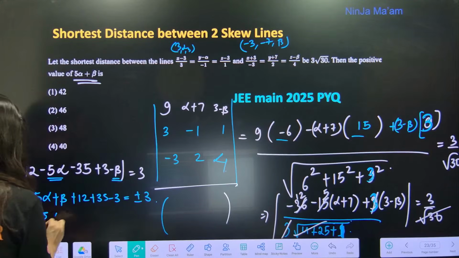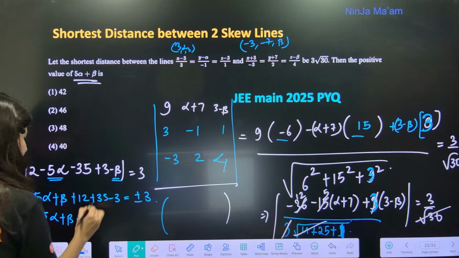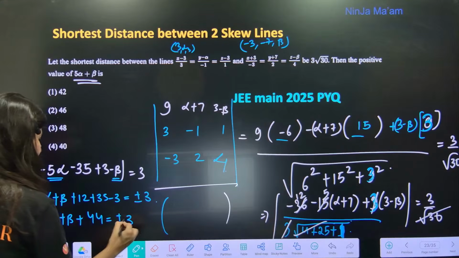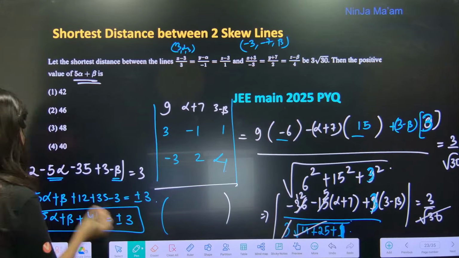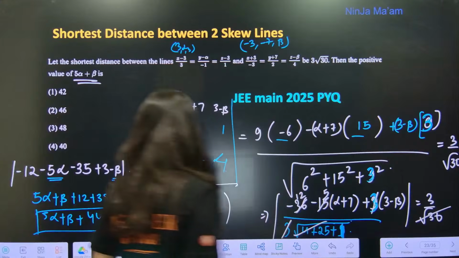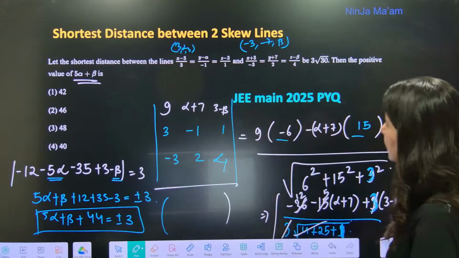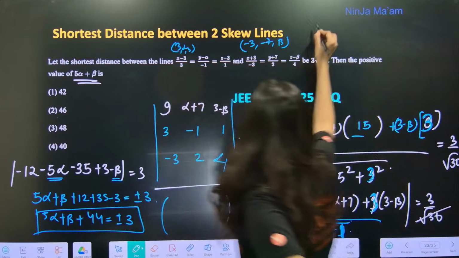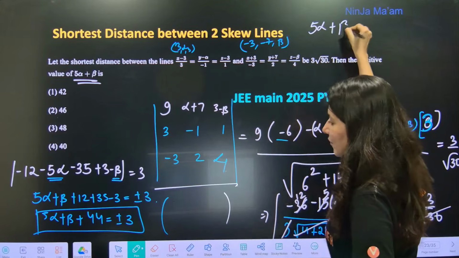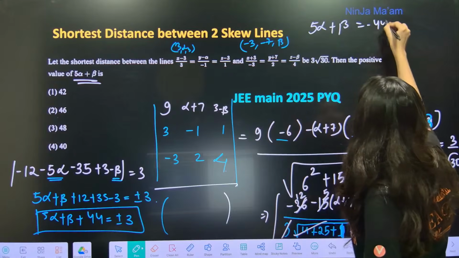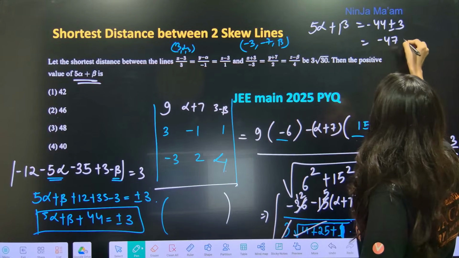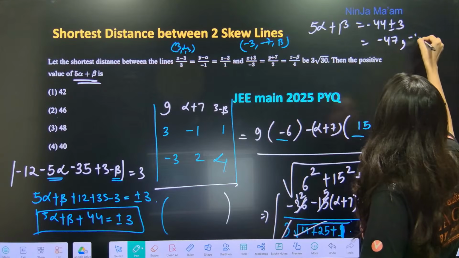So 5 alpha plus beta plus this is 47 minus 3, 44, is equal to plus minus 3. So the answer would be what? Then the positive value they are talking about. So 5 alpha plus beta, everybody, is minus 44 plus minus 3. So minus 44 minus 3 is minus 47, or if you subtract 1, minus 41.